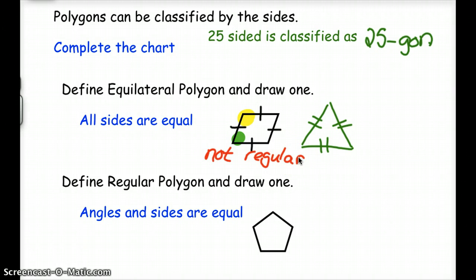The one that I have drawn is a pentagon, and all of my sides are equal, and I really should be marking all of my sides equal and my angles equal as well. Regular polygon means angles and sides are equal.